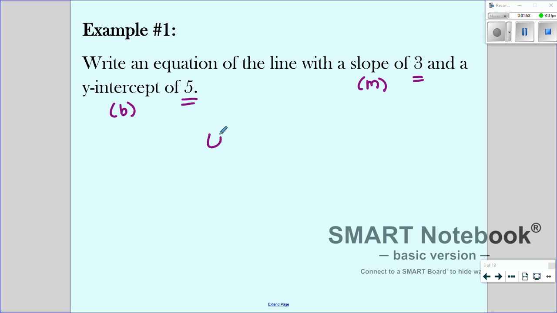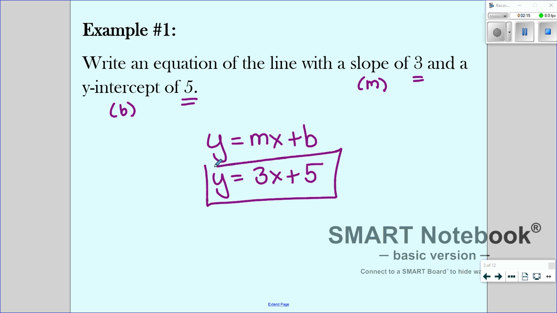If you know the equation of a line, y equals mx plus b, then we just plug in our m and we plug in our b. So we got y equals 3x plus 5. And that's our equation of a line based on the slope that's given and the y-intercept.